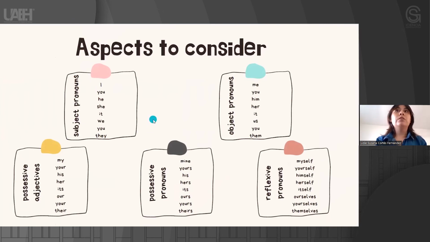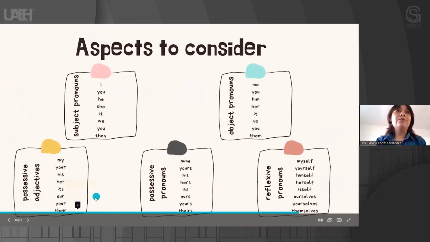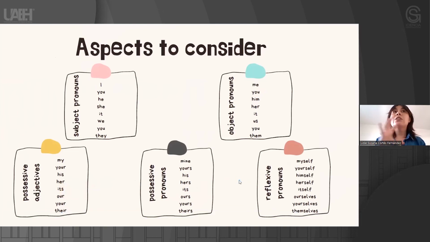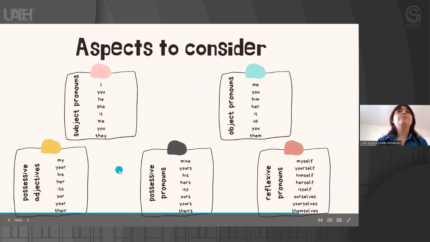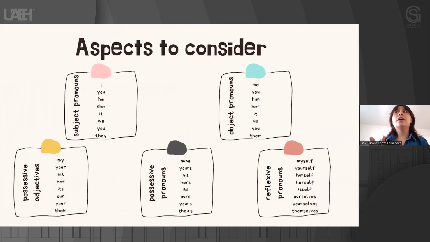The subject pronouns, the object pronouns, the possessive adjectives, the possessive pronouns, and the reflexive pronouns all have to change because we have to make an agreement in the whole sentence. So we have to take into consideration these pronouns and adjectives, so that everything is coherent, that everything makes sense. Otherwise, the sentence will not have a correct structure.